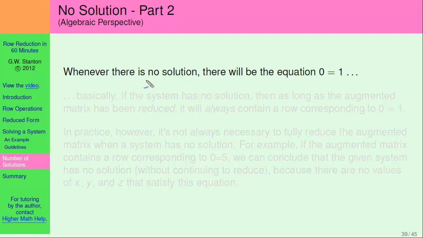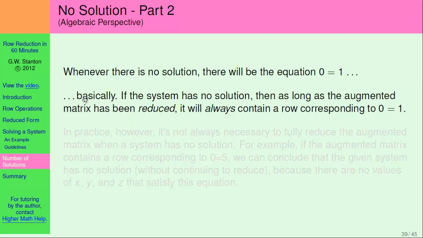It's true that whenever there is no solution, we will get the equation 0 equals 1. Basically, if the system has no solution, then as long as the augmented matrix has been completely reduced, it will always contain a row corresponding to 0 equals 1.